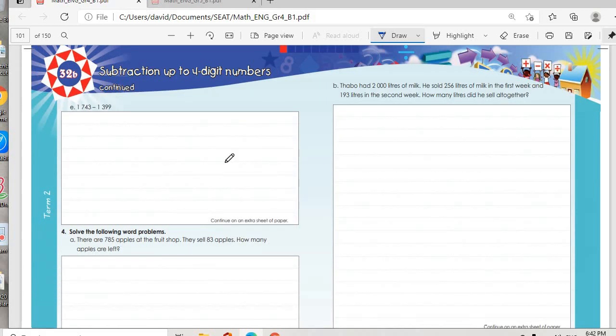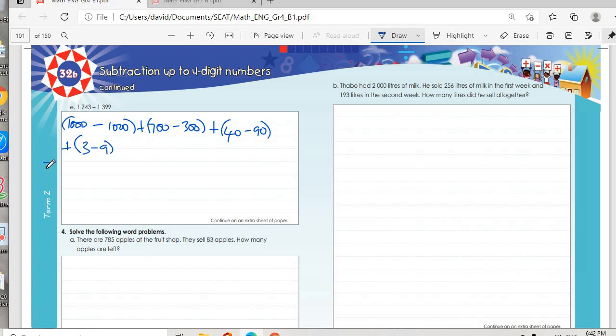Okay, so I think on this one, let's just end on E. E is 1000 minus 1000, then plus 700 minus 300 plus 40 minus 90, then plus 3 minus 9.